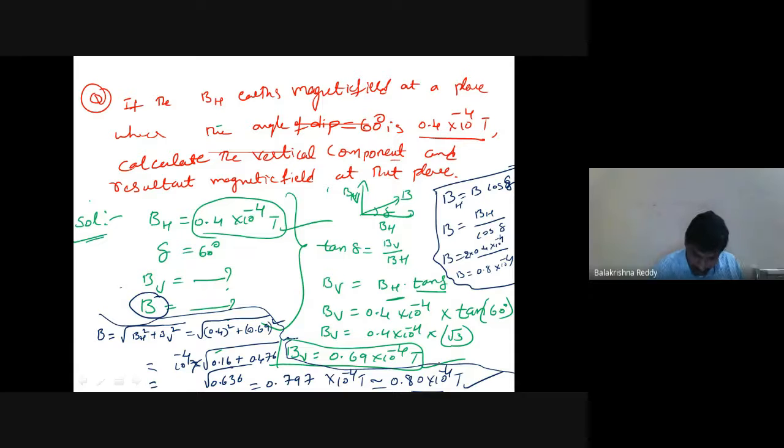Now, one important question regarding the magnetic moment, which we discussed just now, based on that.